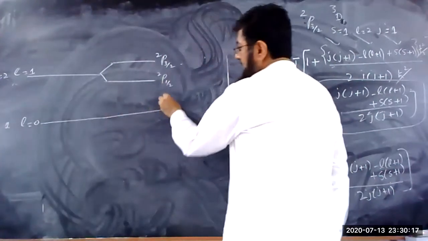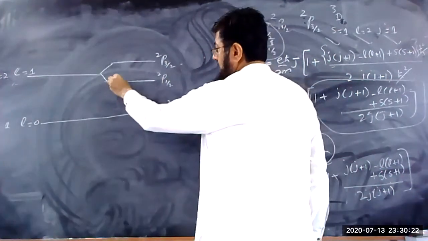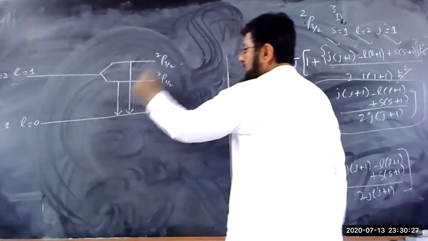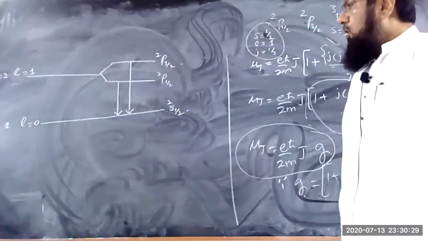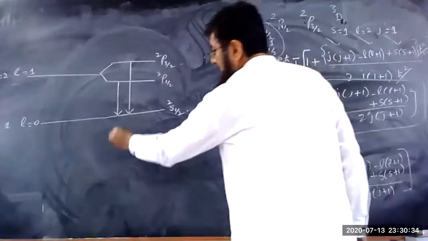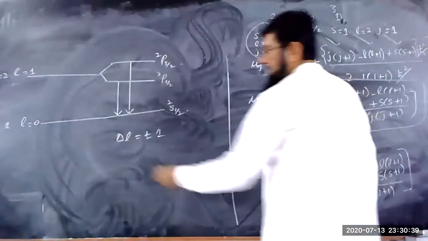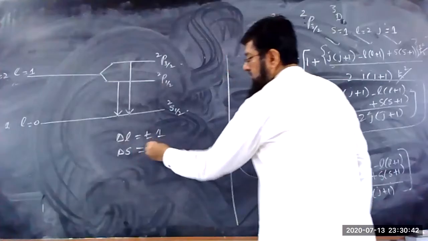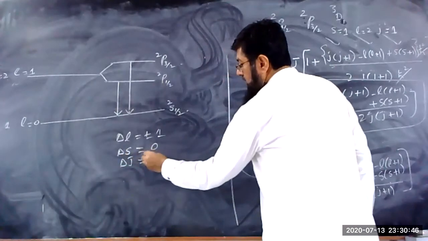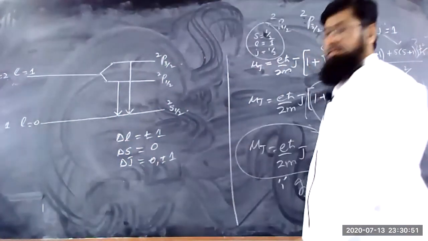Similarly, this level is 2s 1 by 2. The electron may be de-excited from these levels, and both transitions are possible because delta L is equal to plus minus 1, delta S is equal to 0, and delta J is equal to 0 or plus minus 1, all of which are verified.